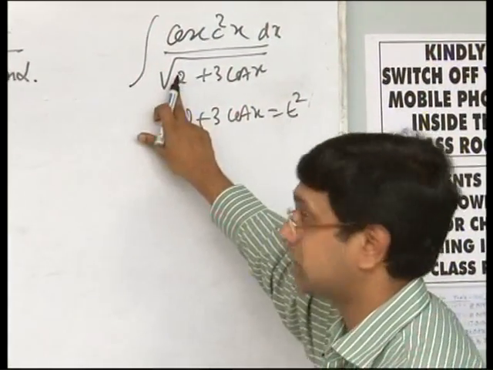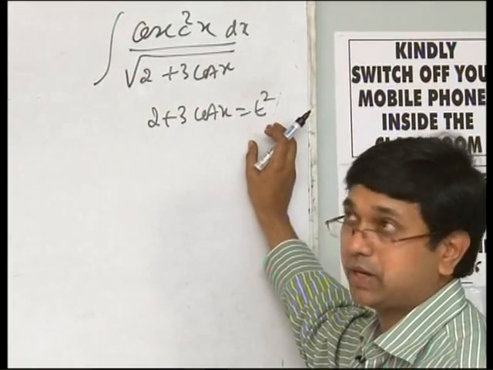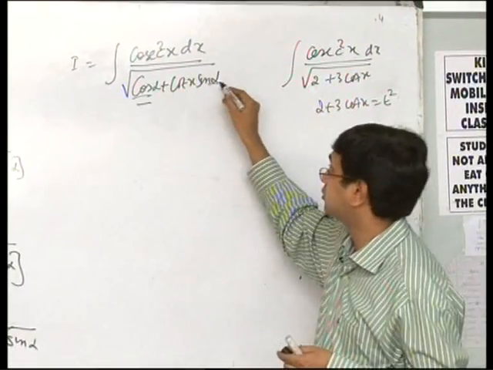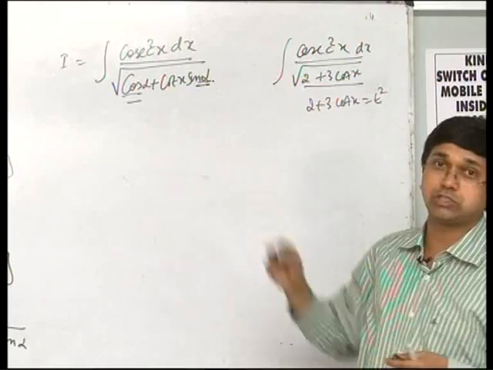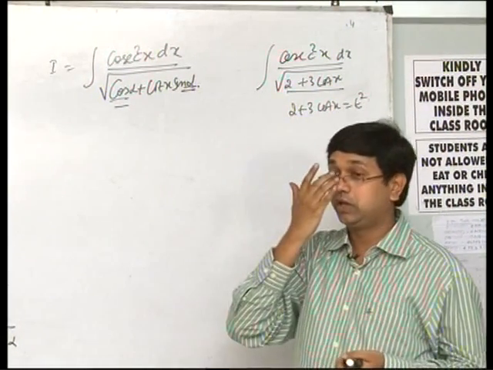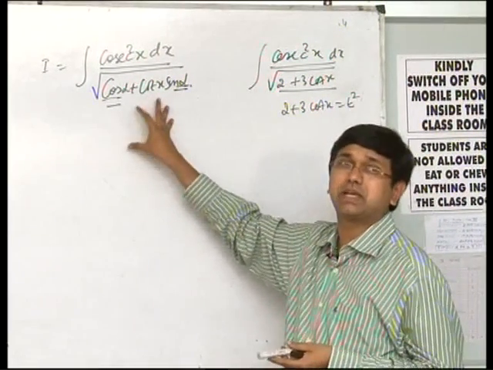Why? One, 2 is a constant, it merges in the derivative. To remove the root, if you put t square, it becomes easy. Now if you compare the situation, this is also a constant, this is also a constant. So what is the difference in these two situations, except that this is not a familiar form? That is what confuses students in putting it directly. Otherwise, the work becomes little lengthy.